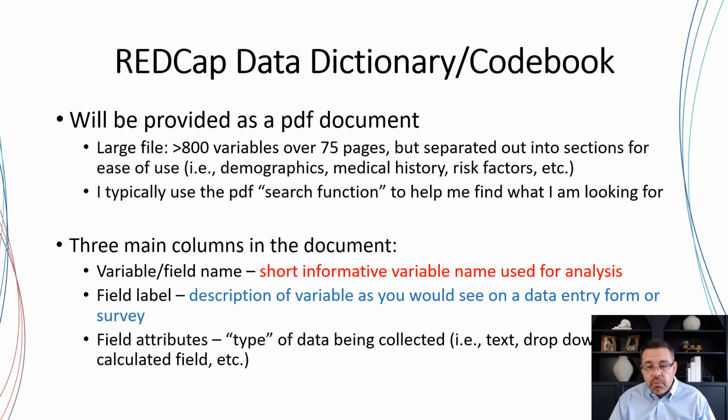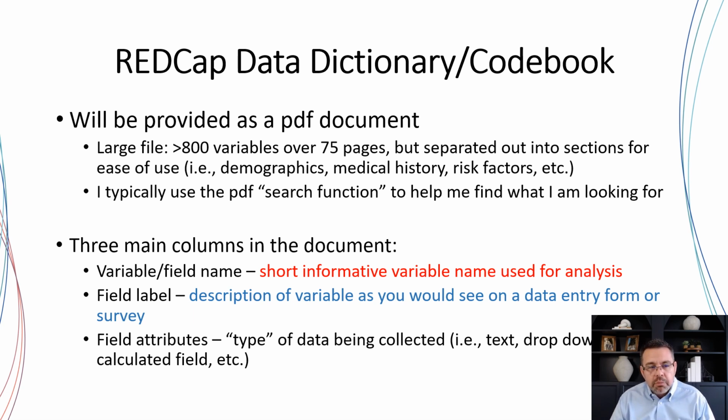The field label, I think, will be most helpful to you. This is a longer form description of the variable as you would see on a data entry form or a survey, right? So this is a more descriptive explanation of what that variable is that's being collected and being identified by that variable name.